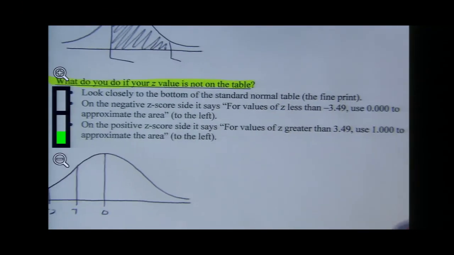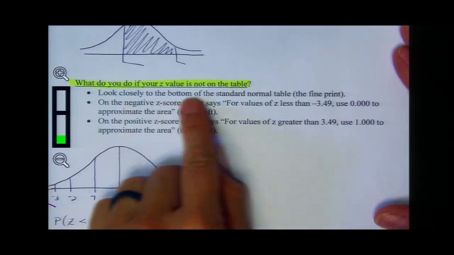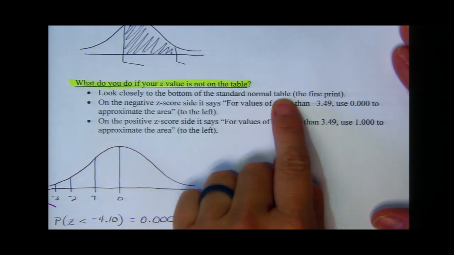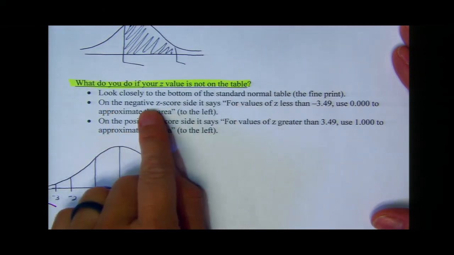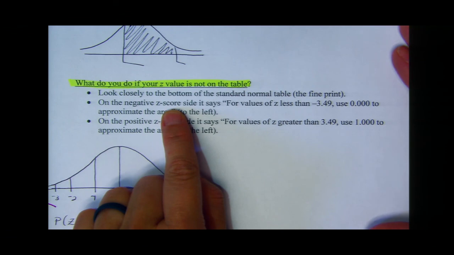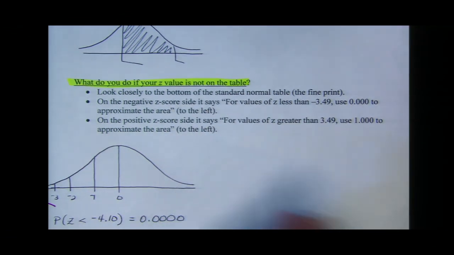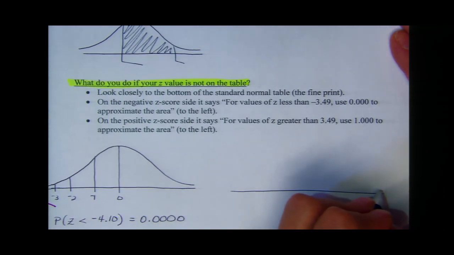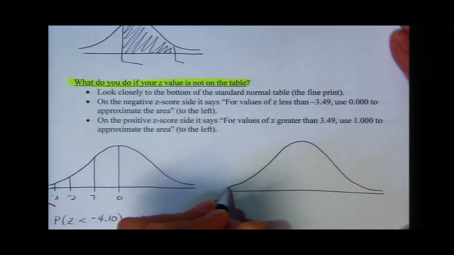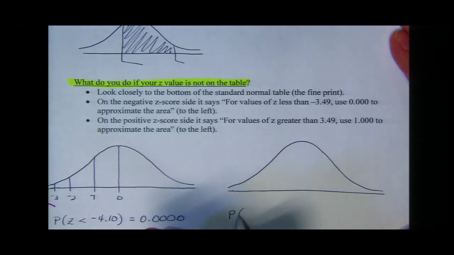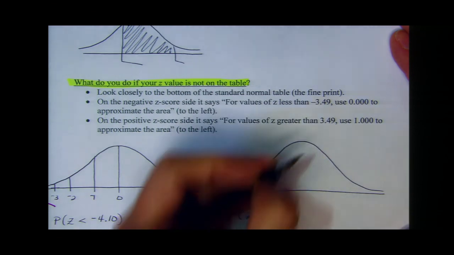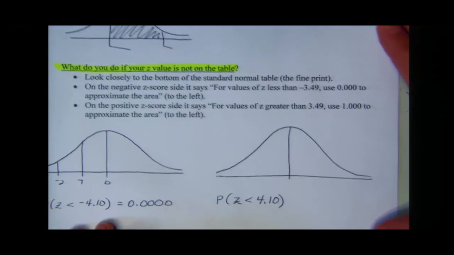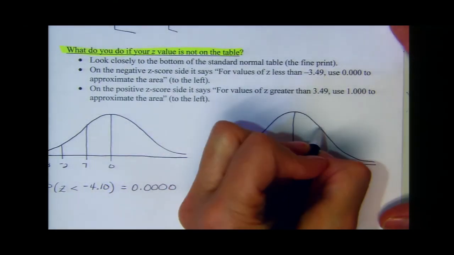So that's why this says, look closely at the bottom of the standard normal table. On the negative z table, which we just looked at, we use 0. If I was on the positive side, doing the probability that z is less than positive 4.10, here's what that would look like.